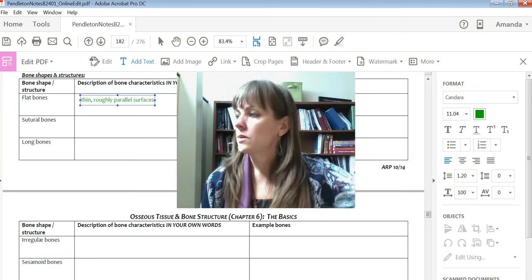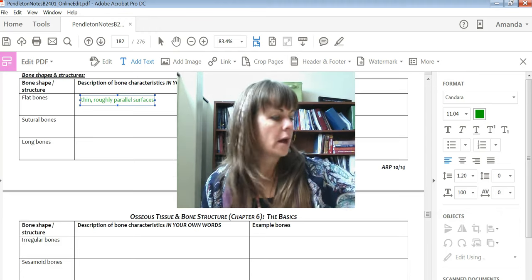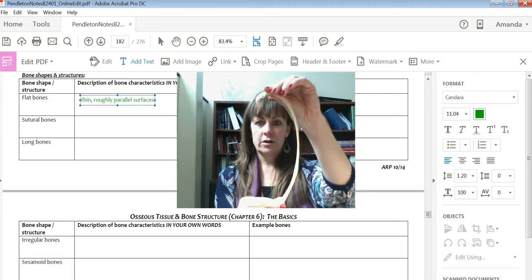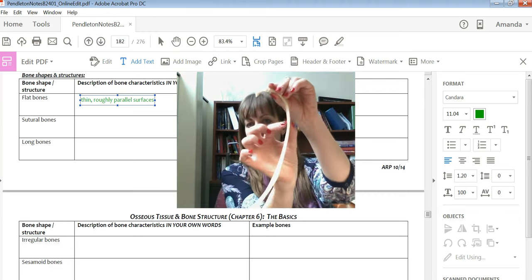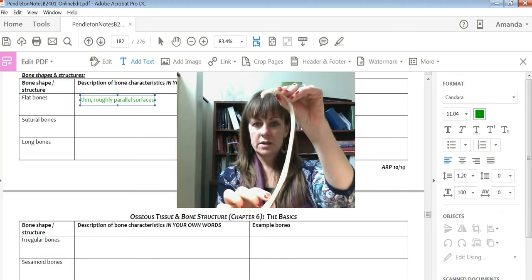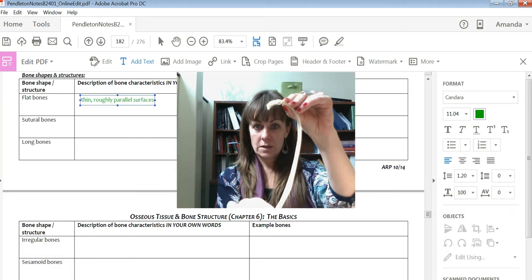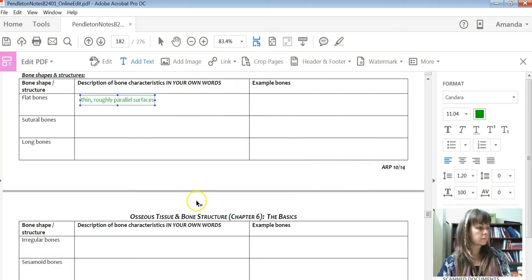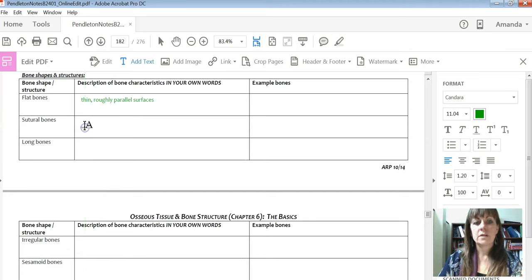And we've also got the ribs. Again, they may look a bit curved, and they are curved, but they're thin and the surfaces are relatively parallel. So the rib is considered a flat bone as well. Based on what we just said, I'll let you fill in example bones in this box here.